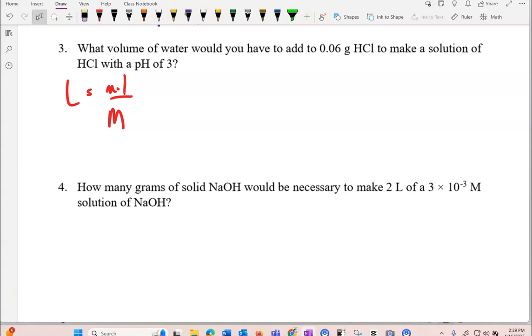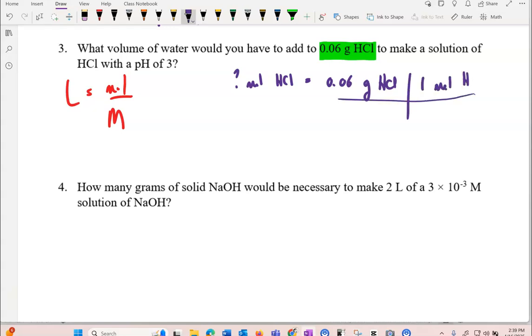So what I'm going to do is take this 0.06 grams of HCl and get this into moles. I'm going to do that the way we've been doing it since chapter 3. How many moles of HCl is 0.06 grams of HCl?